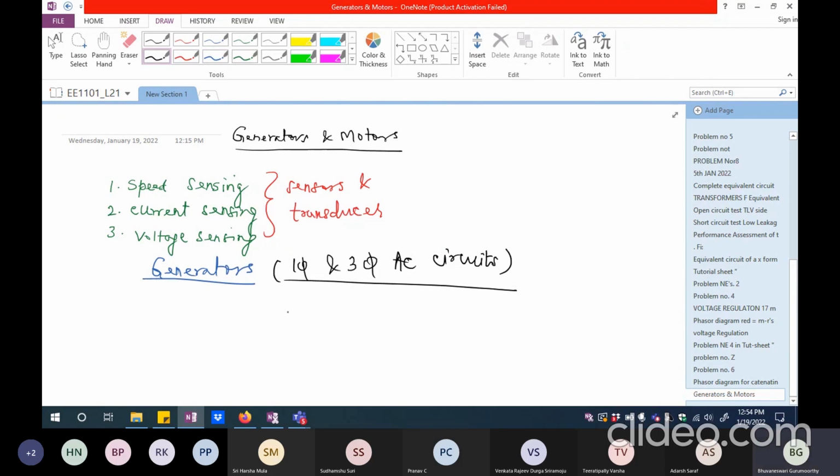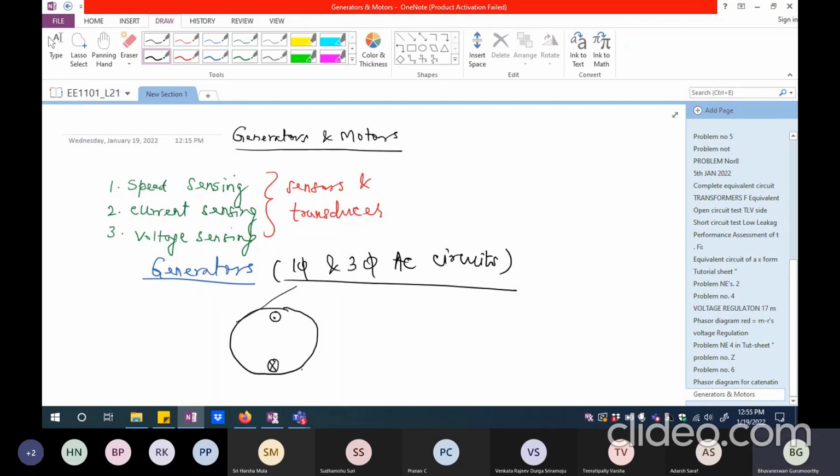If I look at an AC generator, the case is going to be somewhat like this. I'm going to have one winding like this. One may carry current, let us say, out of the board. The other may carry the current into the board. This is the cross section I'm showing.